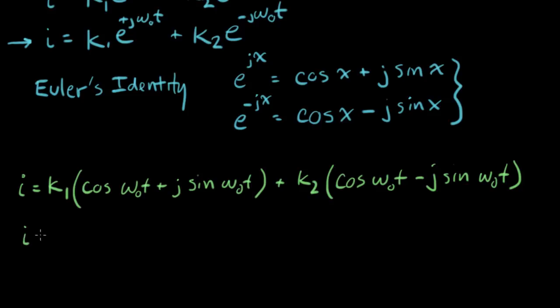Okay, so I equals cosine omega naught t, and cosine is multiplied by K1 plus K2. All right. Now let's add to that.